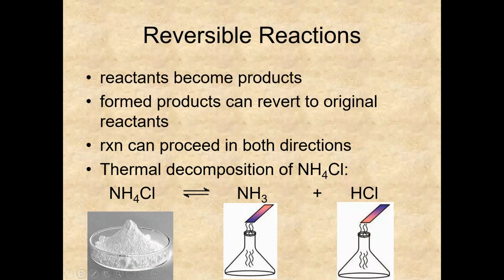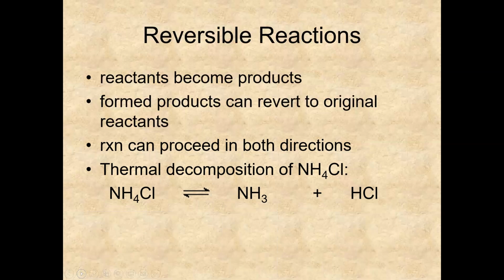So here it just shows you we have the ammonium chloride, which is a powder, will produce the ammonia and hydrochloric acid. Those can be combined to form that ammonium chloride as well.